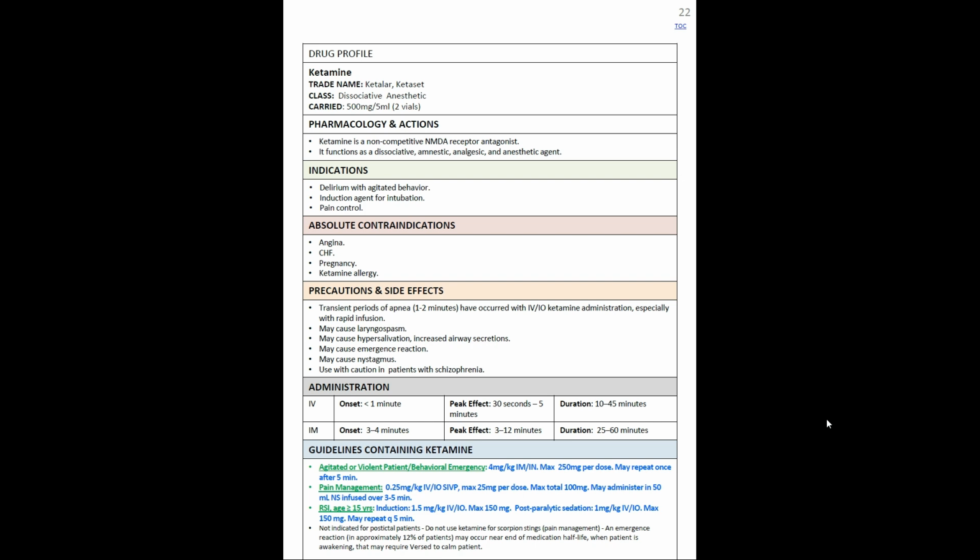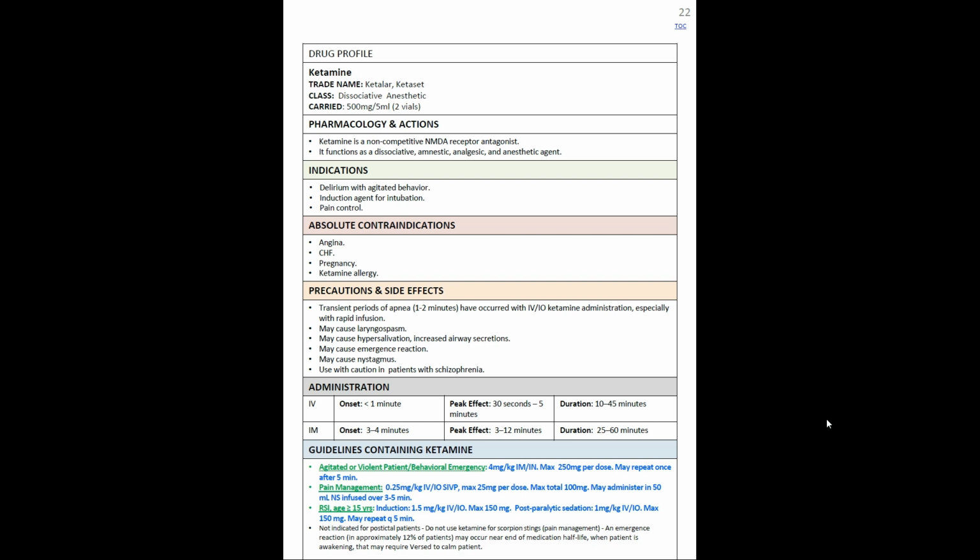Some contraindications are patients who have some type of angina or chest pain. The reason it's contraindicated is it can cause some mild vasoconstriction, and it can also cause a little bit of a bump in blood pressure and heart rate, which can increase myocardial demand.